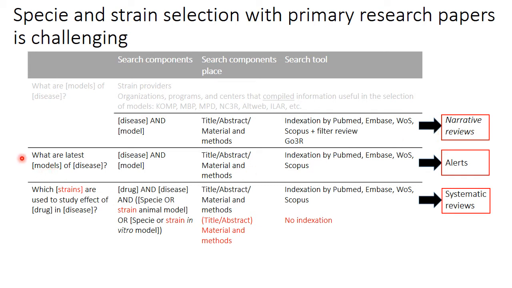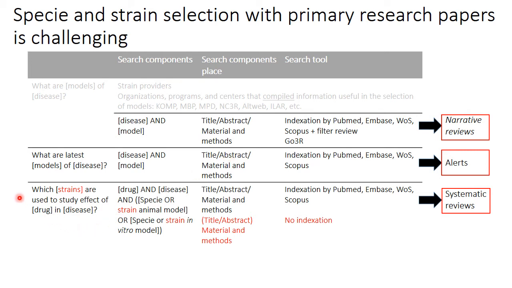If you ask what are the latest models to study this disease, you should set up alerts with these corresponding tools. And again, since these terms are appearing at least once in the title and/or abstract, you are able to retrieve these articles.